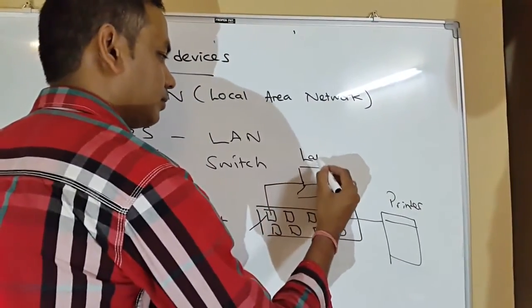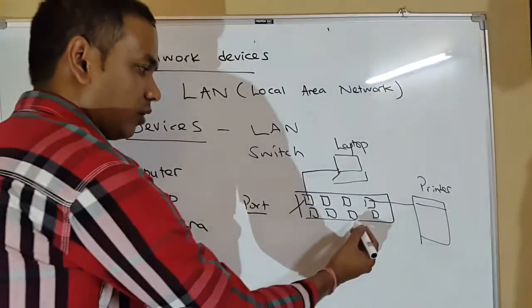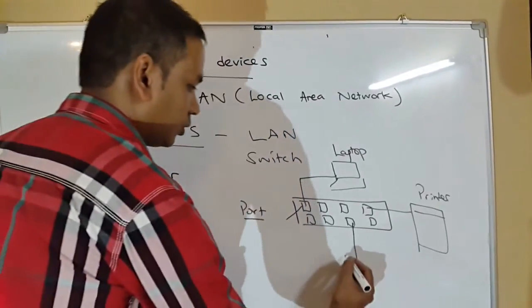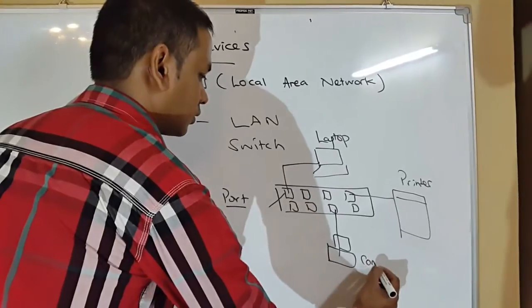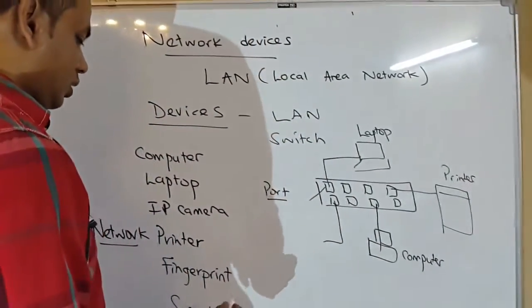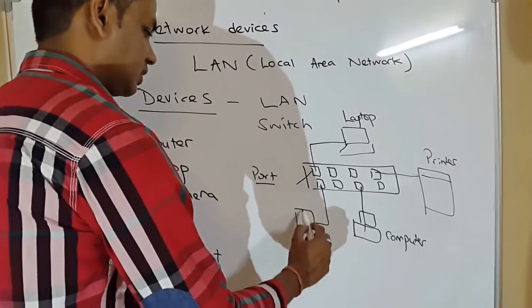That's a laptop. That's a printer. On one of the ports, you might have, for example, a computer. On another port, for example, you have a fingerprint device.